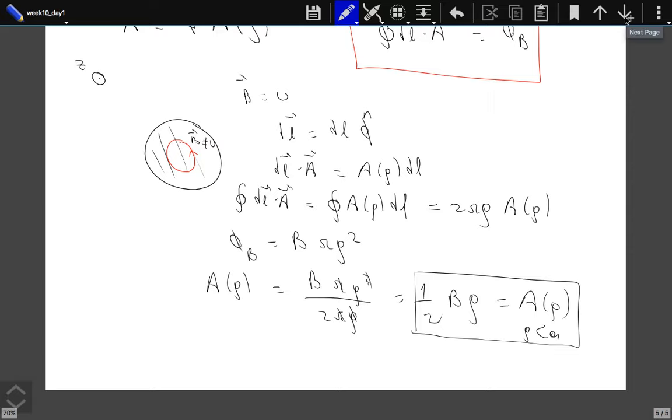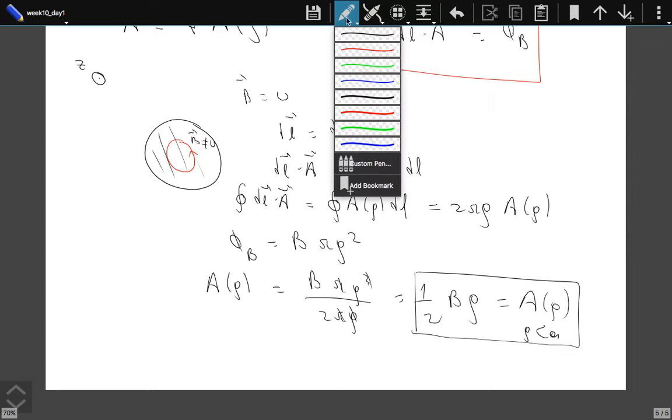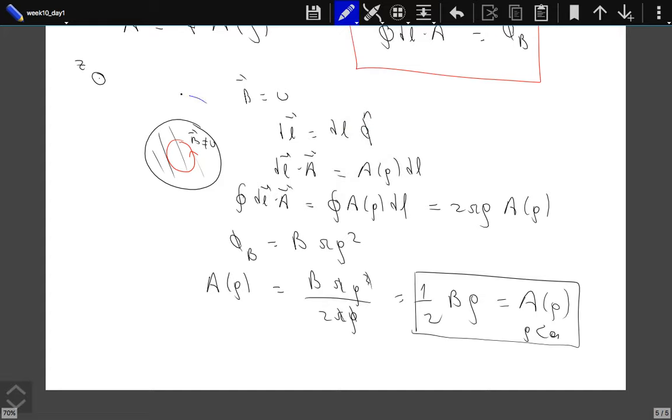Now we can repeat the same thing for a loop that goes around outside my solenoid. I will just repeat exactly the same thing. Now the only difference will be, in this case, the magnetic flux.